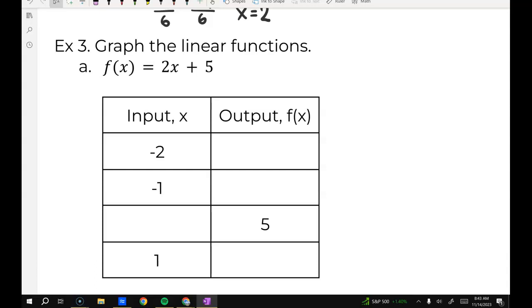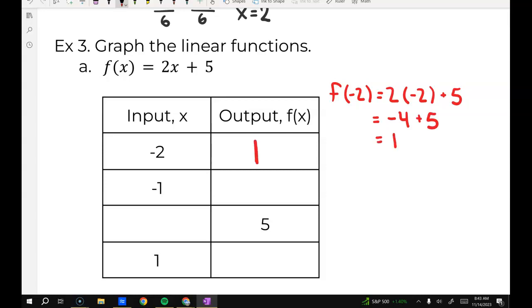So for an input of -2, I would say f of -2 is equal to 2 times -2 plus 5, and then I just evaluate. So I take 2 times -2, which is -4, and then I add 5 to it, so I get out a +1.